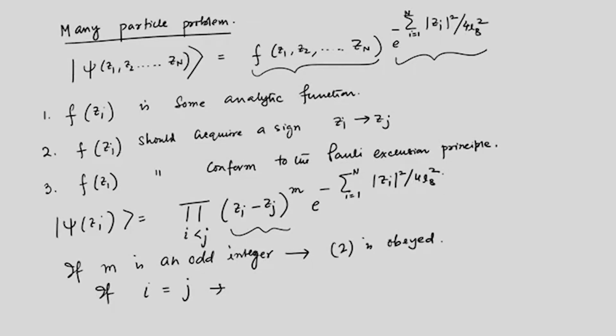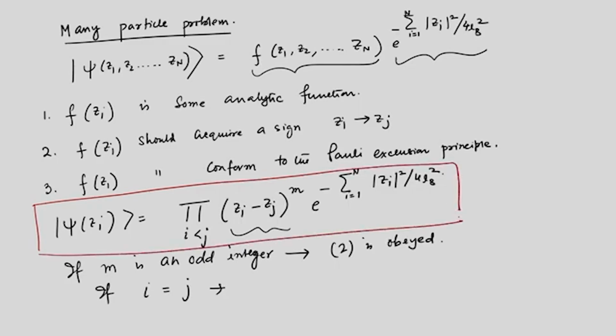Okay. Now, it remains to be seen that this wave function looks nice. So this is called the Laughlin wave function, or the Laughlin states.